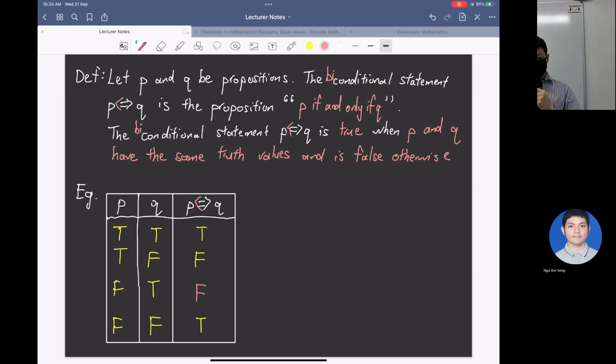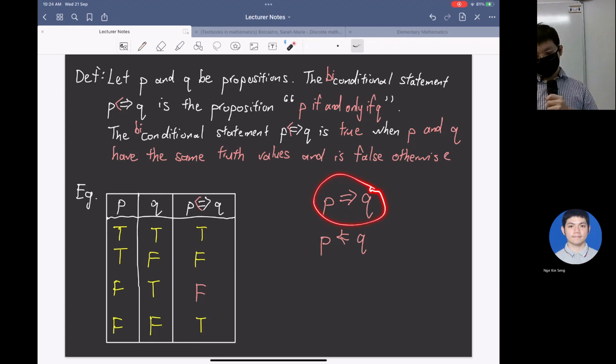Okay, so this is like combining the converse. You have this and this, the converse. In the real world, or especially in mathematics, once we prove that P implies Q, we will naturally ask, is the converse true? Can we go backward or not?